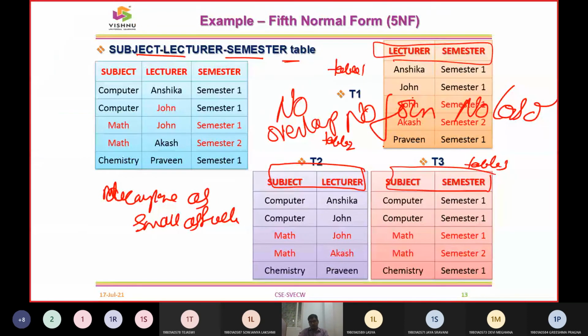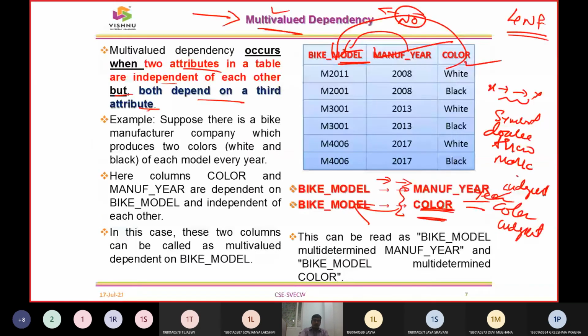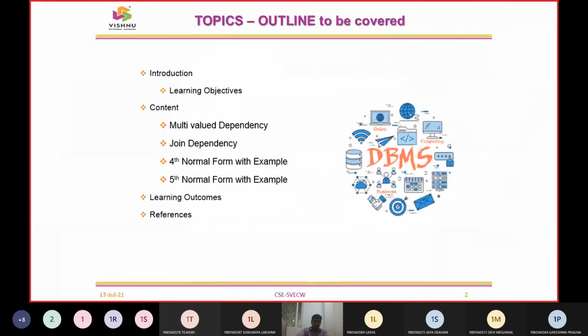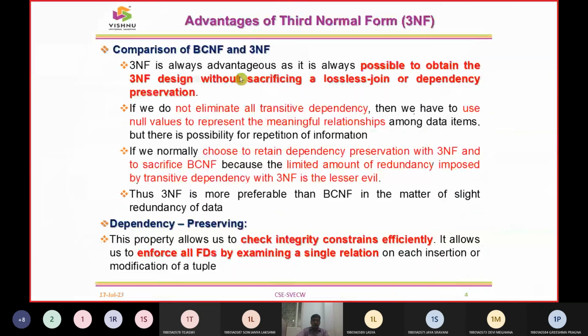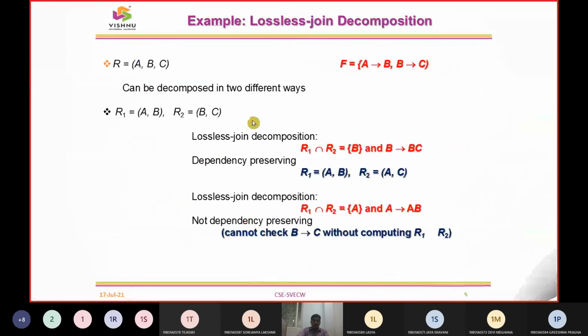So in the fifth normal form, we mainly see that the table is decomposed into small parts. Holistically, a quick recap of what we covered: we came up with a comparison of both the Boyce-Codd normal form and third normal form.